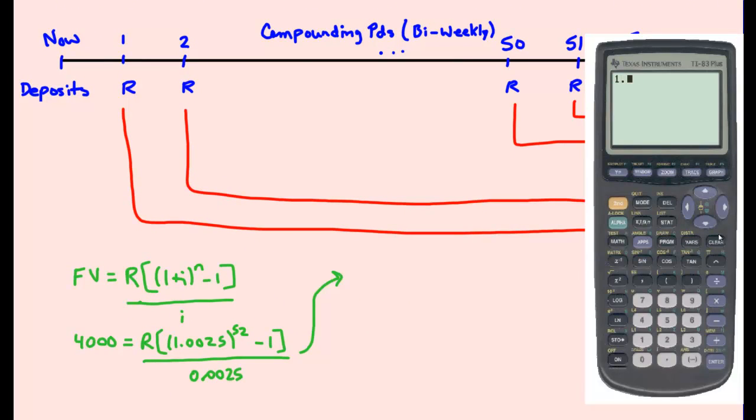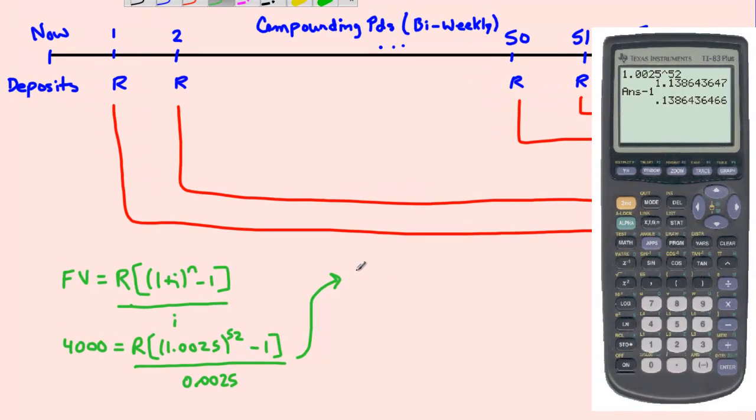Alright, so 1.0025 to the exponent 52 equals 1.138643 and so on. And then we're going to subtract 1. So I get 0.138643666.